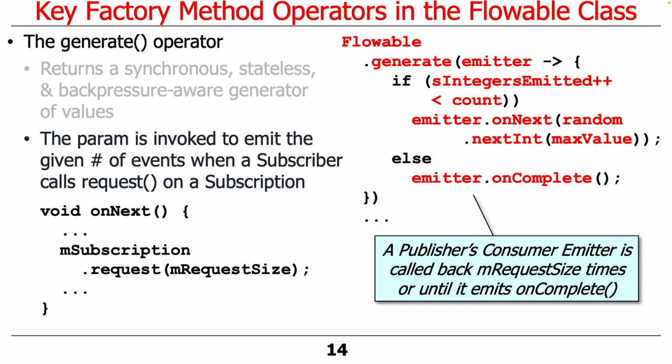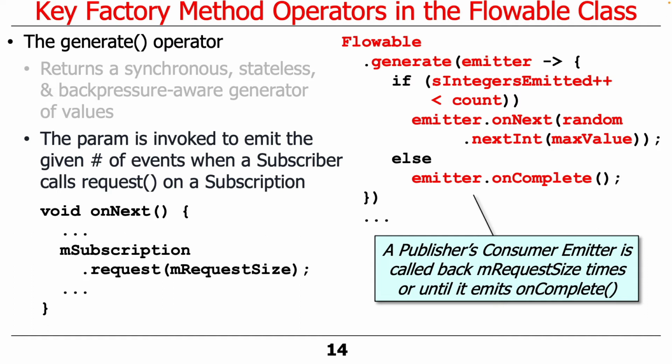You can see we get a next random int, and we emit it through the onNext method. Otherwise, let's call onComplete, and onComplete is going to shut things down. So every time this thing is called, it'll either emit a random integer or it'll say, I'm done. Kind of like end of file, if you will.